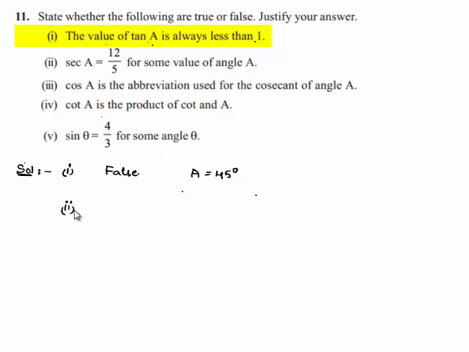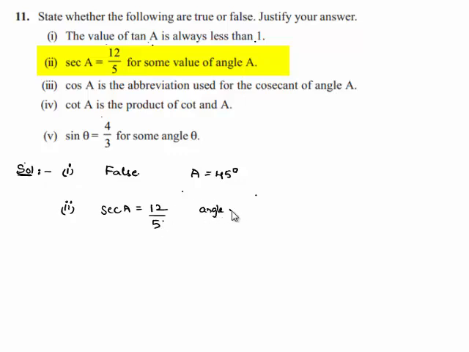And moving on to the second bit, he has given that secant A is equal to 12 by 5 for some value of angle A. That means he says that the secant A value can be greater than 1.